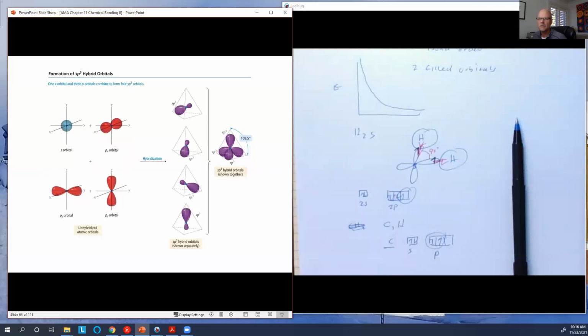What do these orbitals look like? Well, we know what the s orbital looks like and the 3 p orbitals look like. When we mix them mathematically, they end up looking like this, all right? These are the 4 new orbitals that come out. And if we put them all together in the same diagram, they look like this. And you see that they have this tetrahedral geometry.